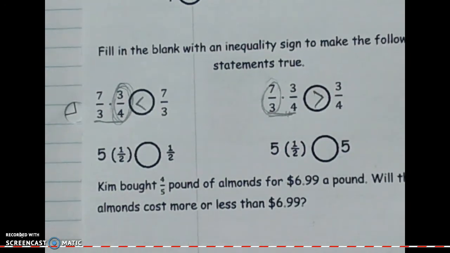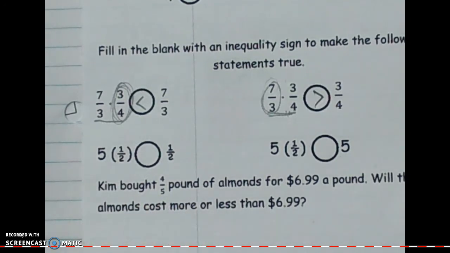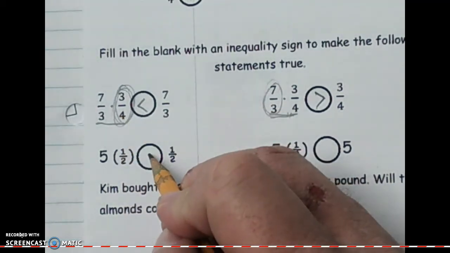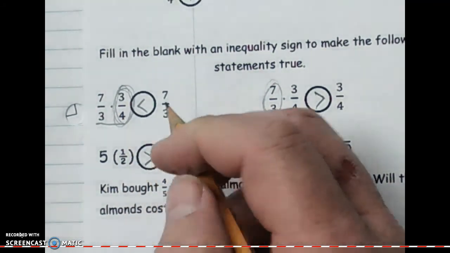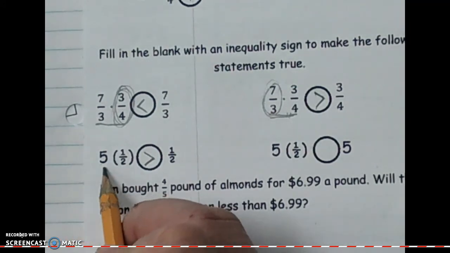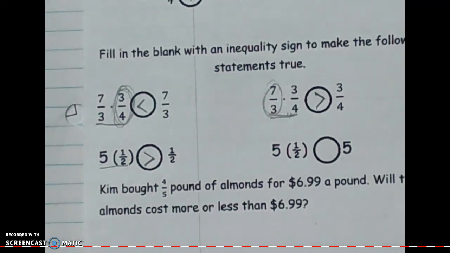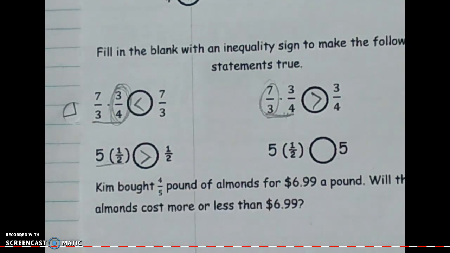Good. 5 times 1/2 is greater than, less than, or equal to 1/2. Why is it greater than 1/2, Maddie? Five is bigger than 1.